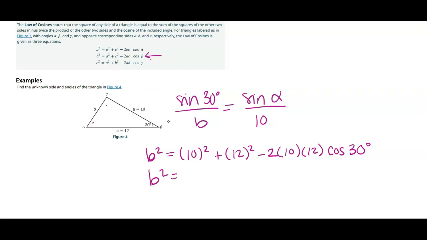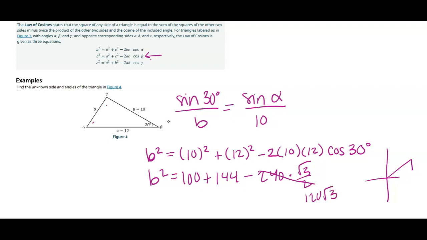So we'd have 100 plus 144 minus 240 times the cosine of 30, which is root 3 over 2. So this would be 120 root 3.